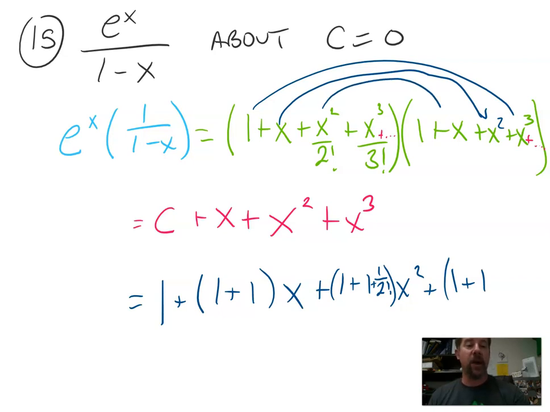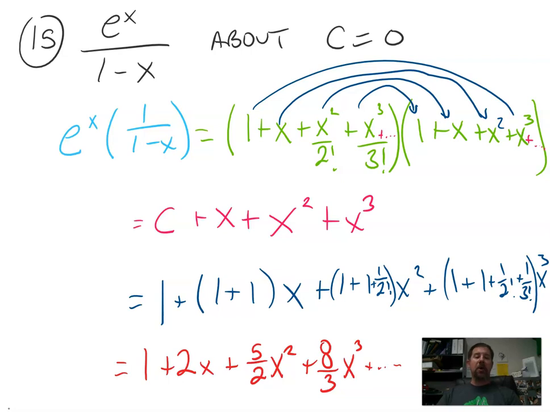Then I'd have x squared times x, which gives me plus 1 over 2 factorial x cubed. Then I could do x cubed times 1, and this would give me plus 1 over 3 factorial. That would be all the ways I could get x cubed terms. So now I just have to simplify this, and we've got our polynomial approximation for e to the x over 1 minus x.